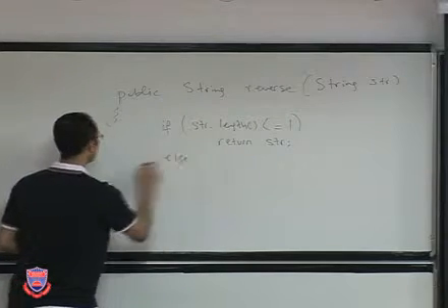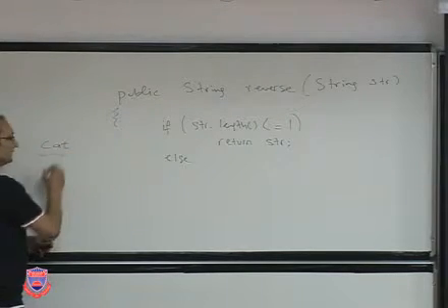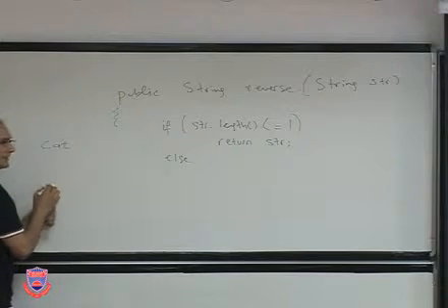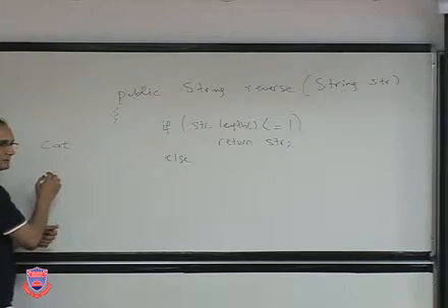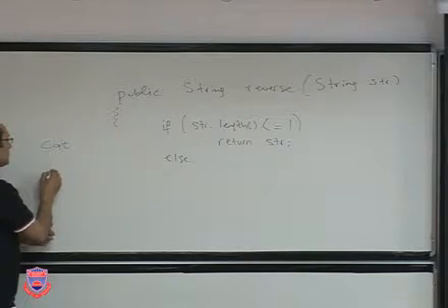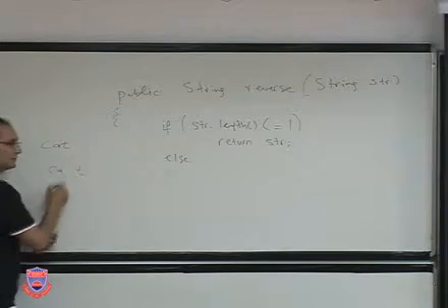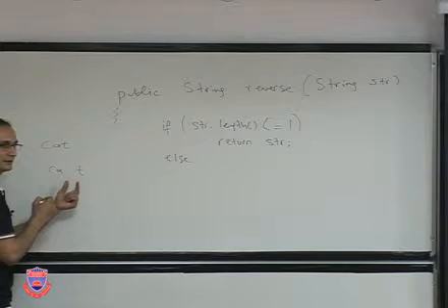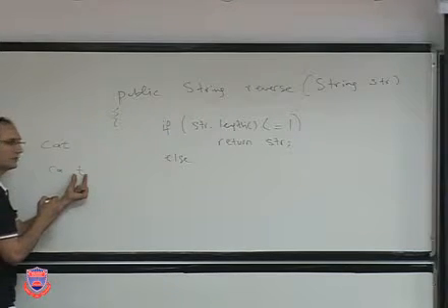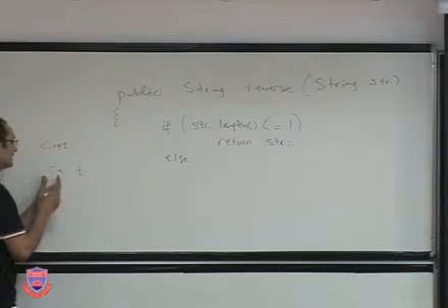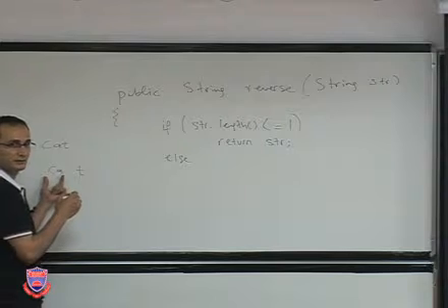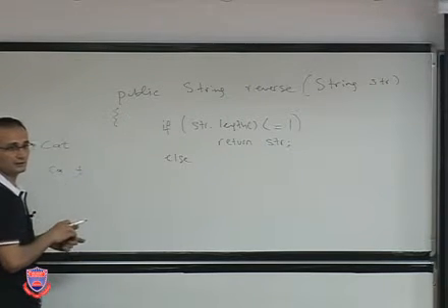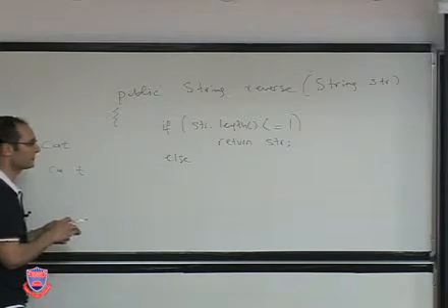Else, so let's say I have cat, I will basically recursively call the same method. How can I call it recursively? You could call it with ca and then divide it into two halves, and consider t as the only string and reverse it and put it at the beginning, and then call the reverse for the remaining part, right? So you can do it the other way as well. You can start with the left part also.